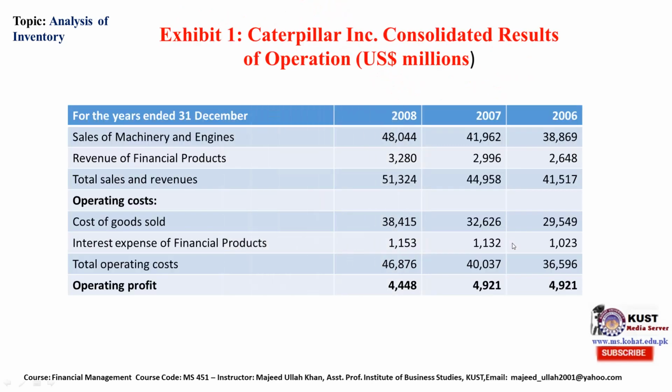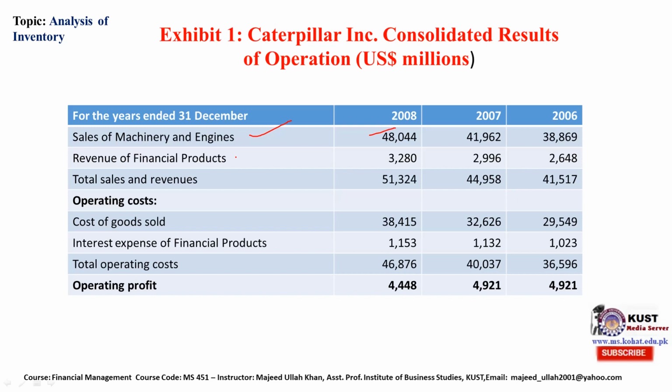This is the first exhibit, Exhibit 1. That is net income or result of operation, sales of machinery and engines for 2008, 2007 and 2006. Revenue from financial products.